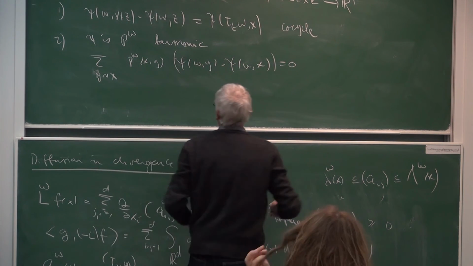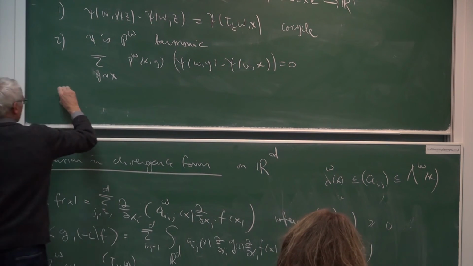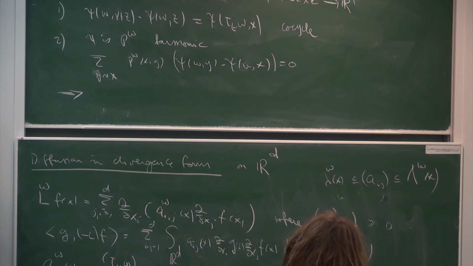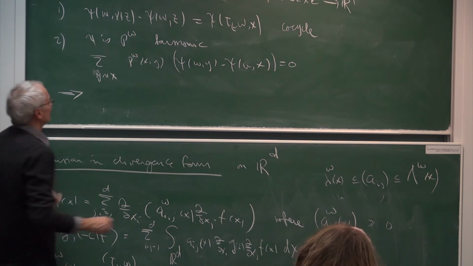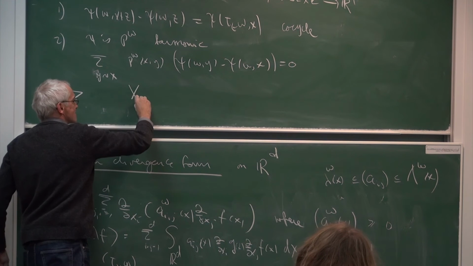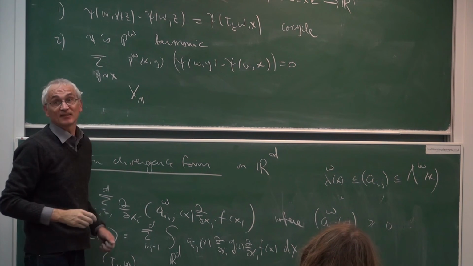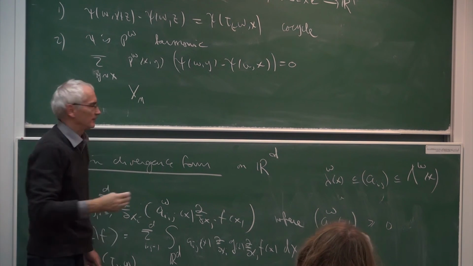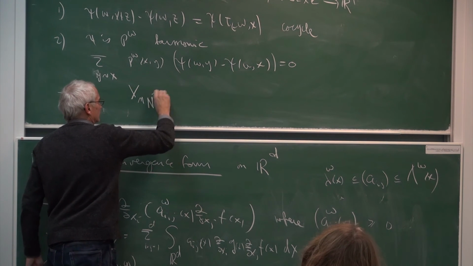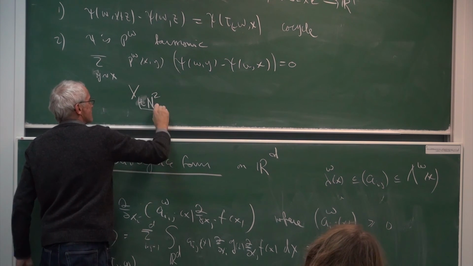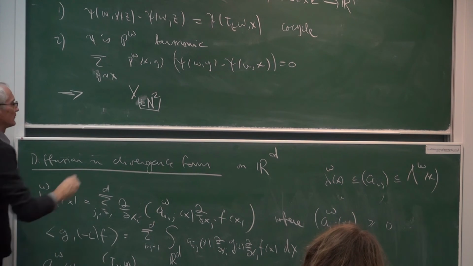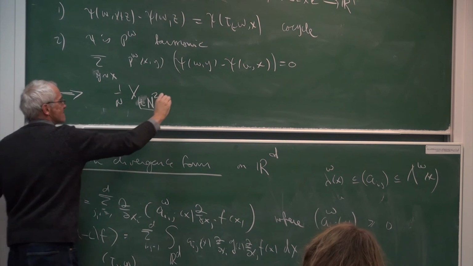Now, it turned out, if you have these two properties, if you look at X_n, but in fact we don't look at X_n. You remember we have to speed up by n squared, and I have to divide by 1 over n.